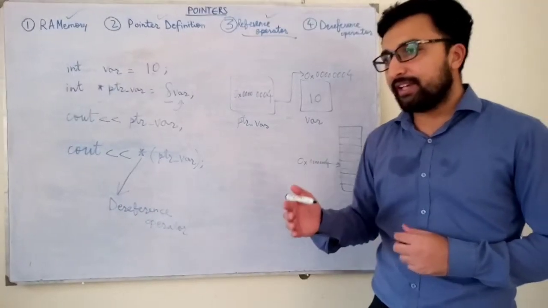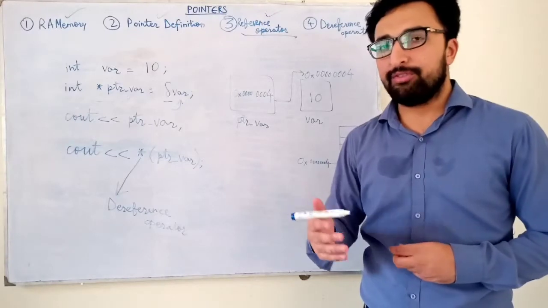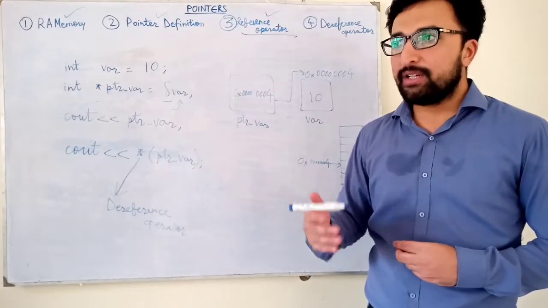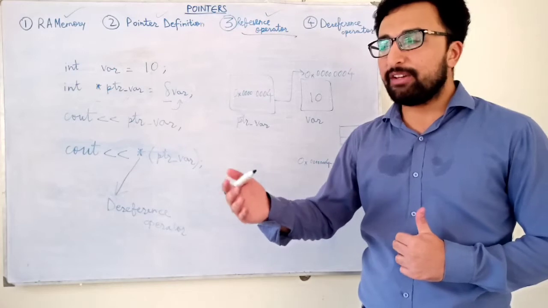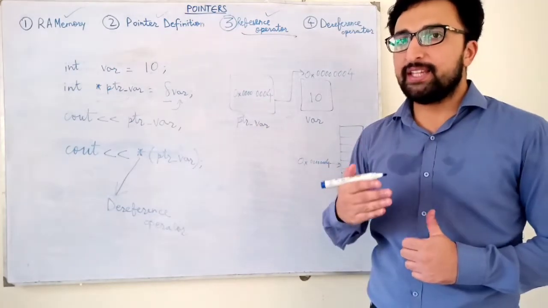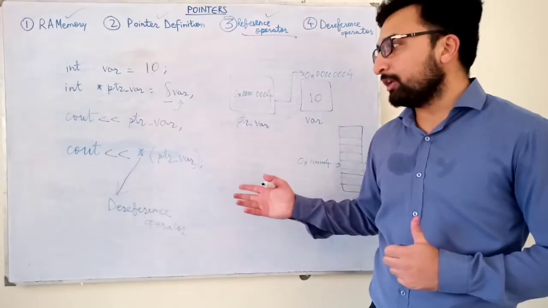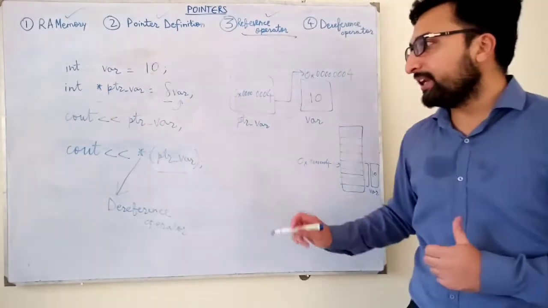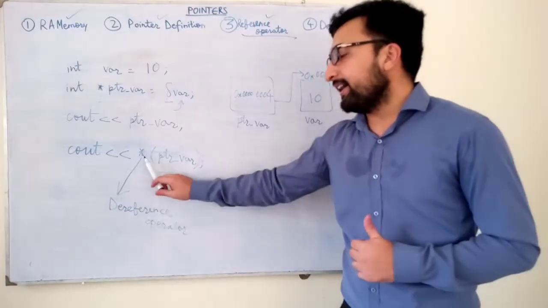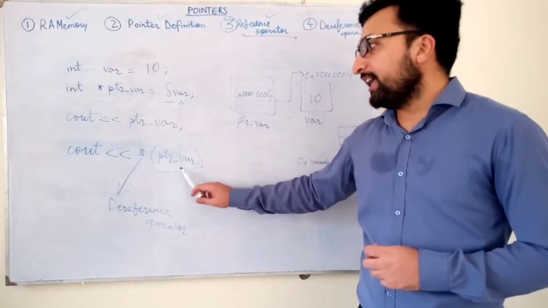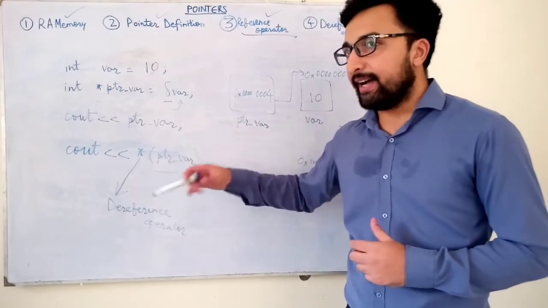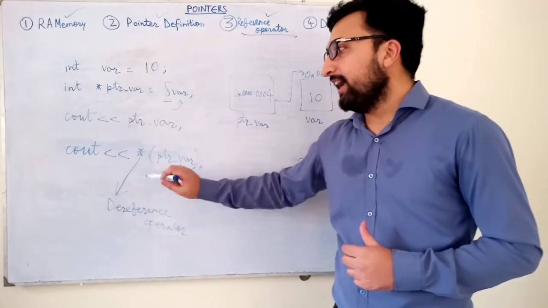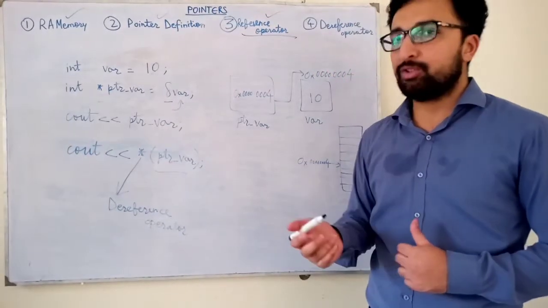Dereferencing basically means that we are not referencing the address, however we are receiving the value from that particular address that is being pointed to by the pointer variable. So whenever we write a star with the name of the pointer variable elsewhere from the definition, it is called the dereference operator.